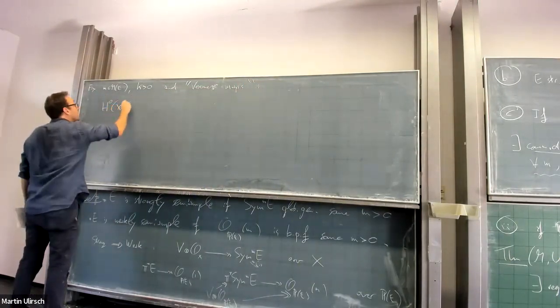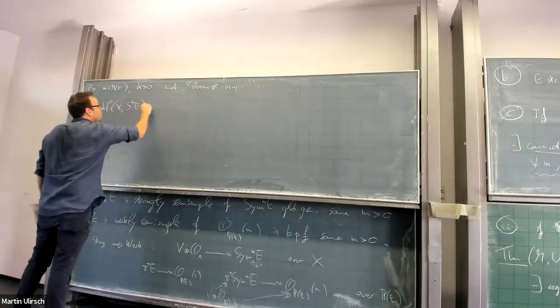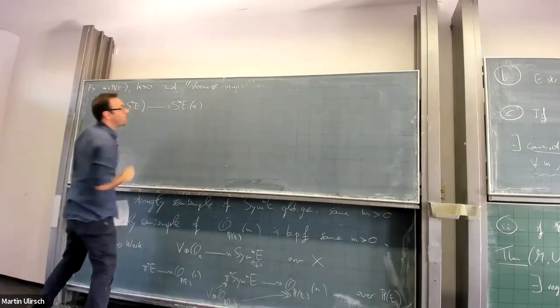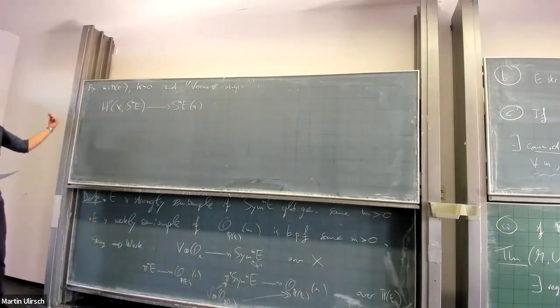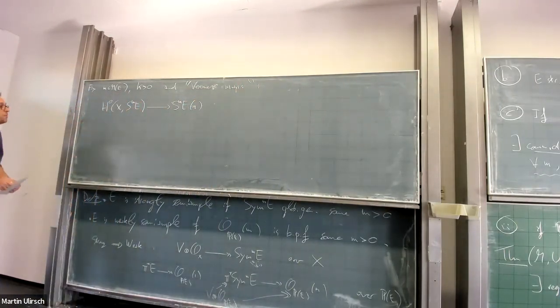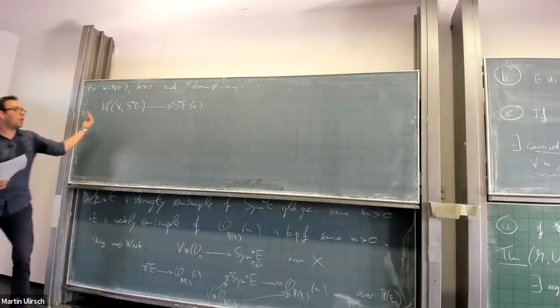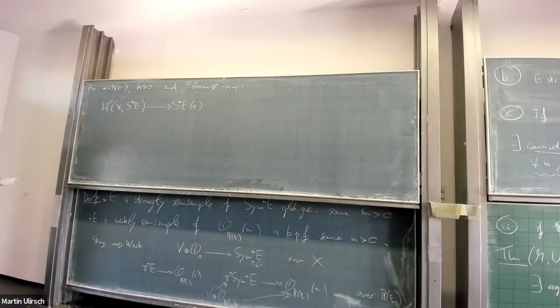if we have the evaluation on global sections of S^m E, it's this map here. Okay, this is a map of vector spaces. It is a surjective map. When I consider the symmetric products, I still have a surjective map.